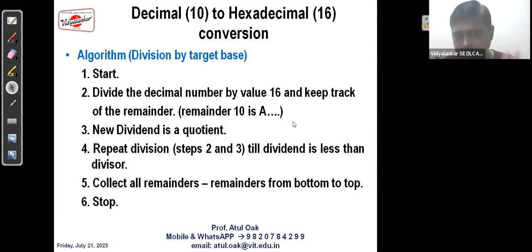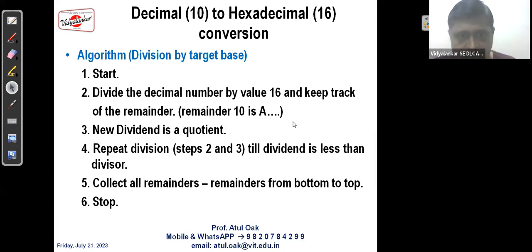Otherwise the process remains the same. Till the numerator is greater than the denominator, you continue division. The moment the numerator is less than the denominator, you stop and present your answer. Okay, now let's convert this algorithm into an example.